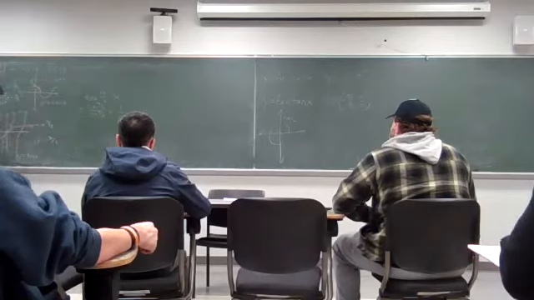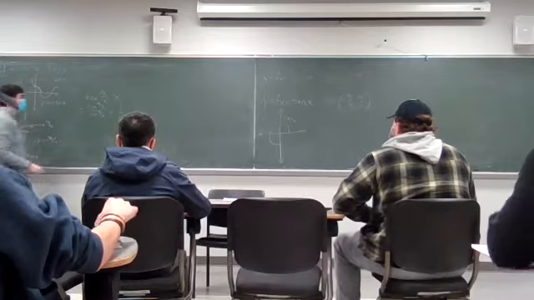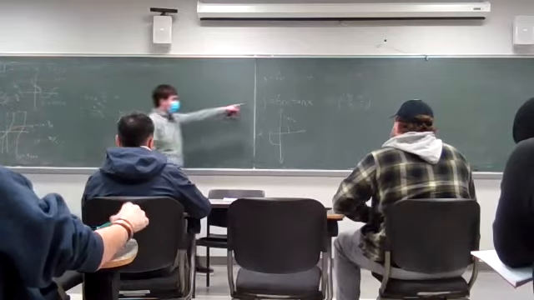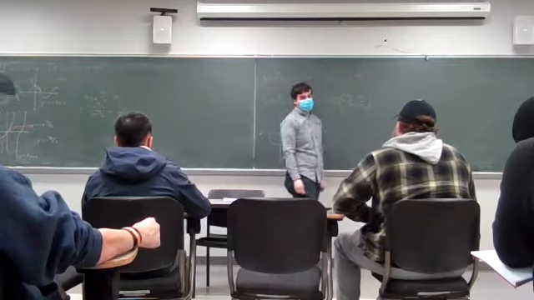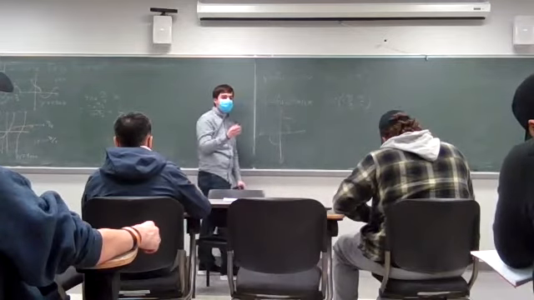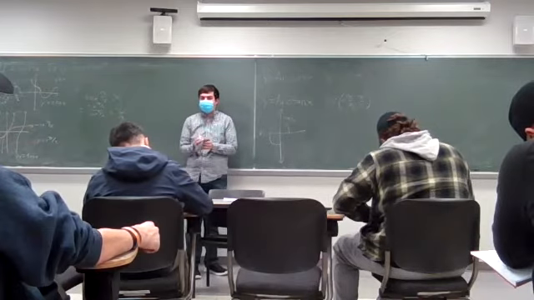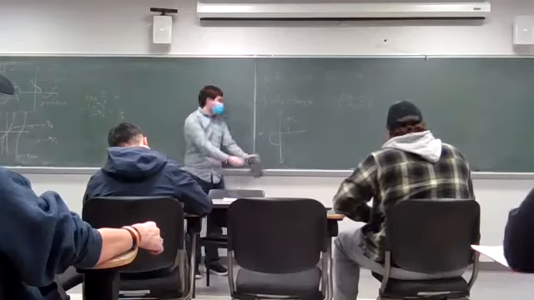You could do a limit and say that it approaches this, but tangent of pi over 2 doesn't exist. So in the case of arctangent, we don't include negative pi over 2 and pi over 2. Thank you for clearing that up. Any other questions so far? Does that make sense? Good.